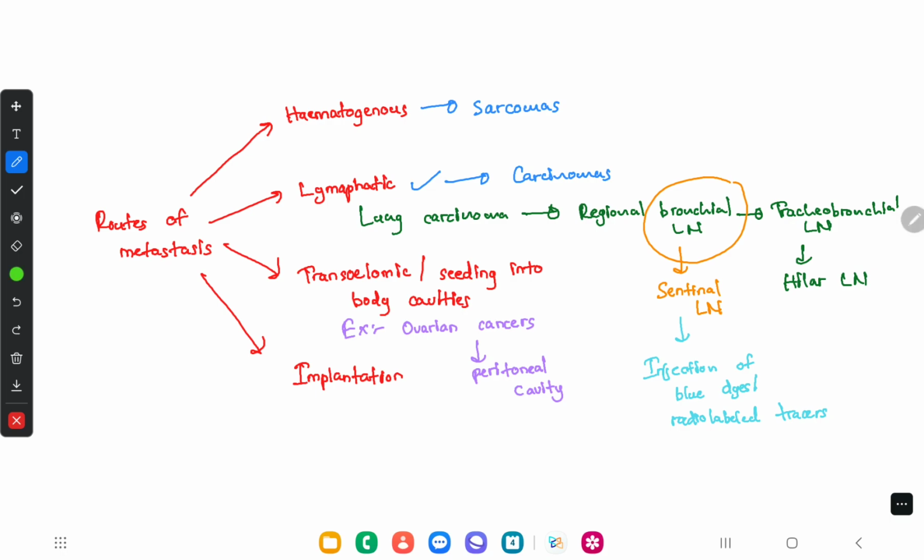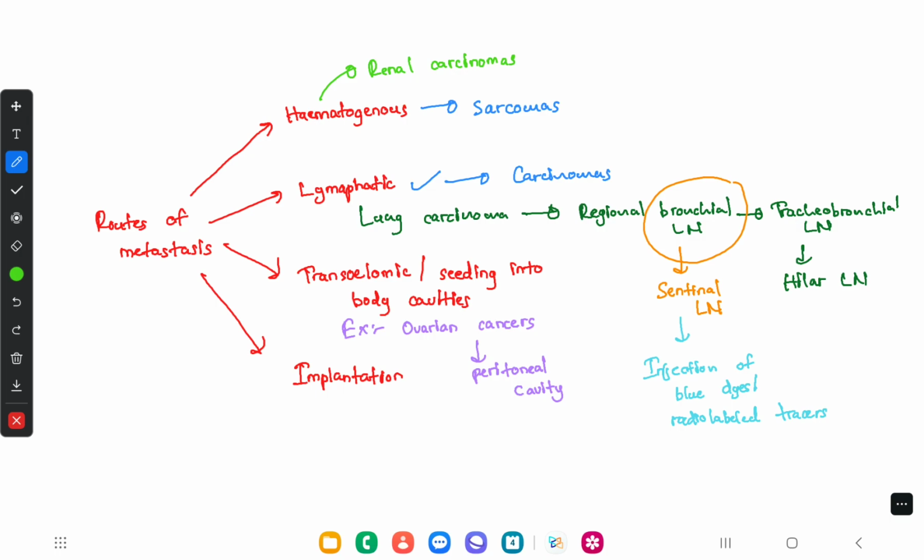When we talk about hematogenous spread, arteries are penetrated less readily than veins. A classic example is renal carcinomas. They often invade the renal vein and grow in a snake-like fashion up to the inferior vena cava.